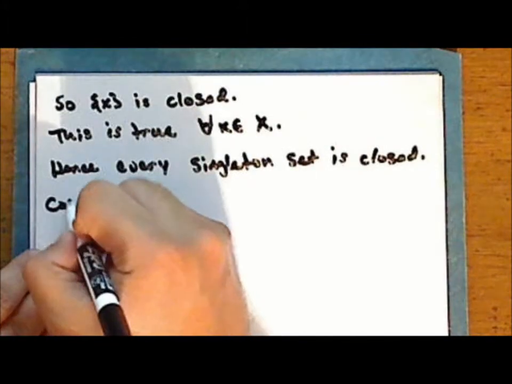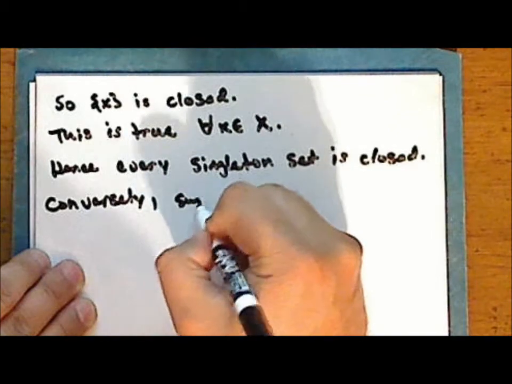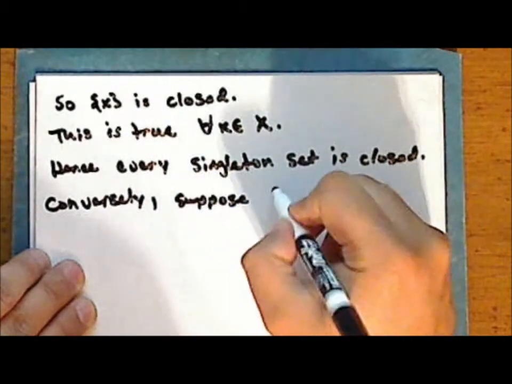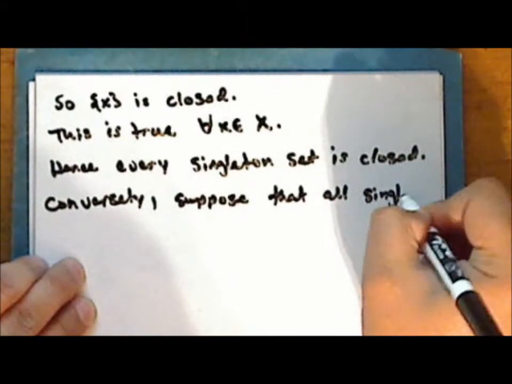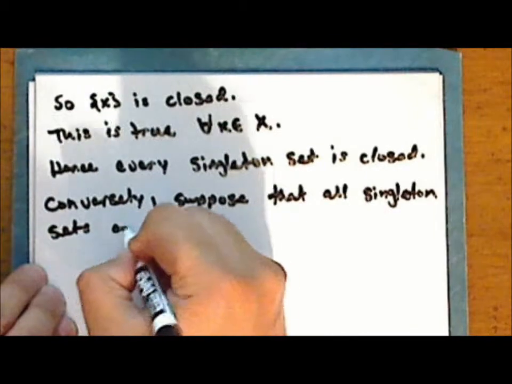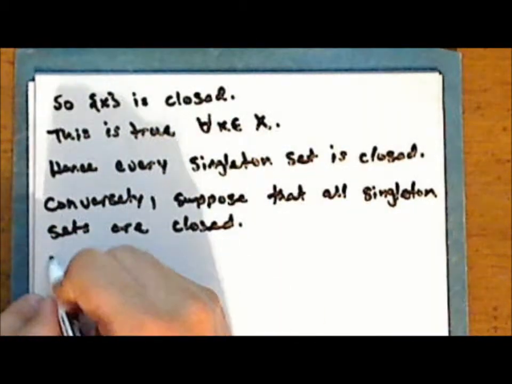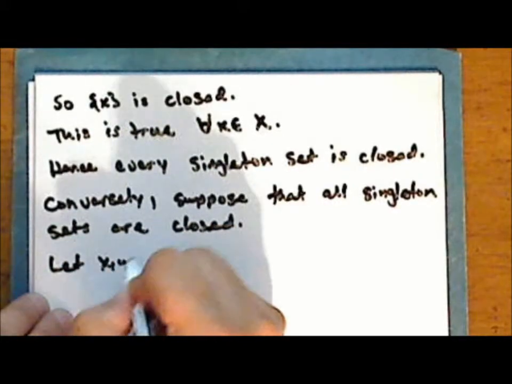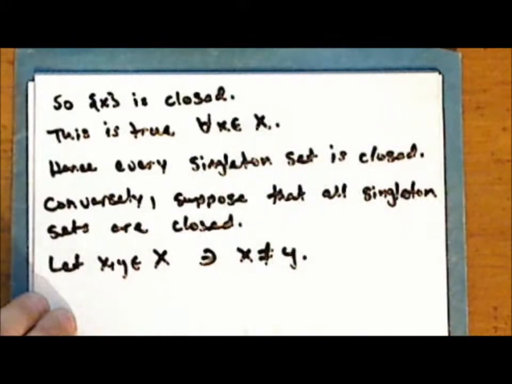So conversely, suppose that all singleton sets are closed. Let the points x and y be points in the space X such that x is not equal to y.